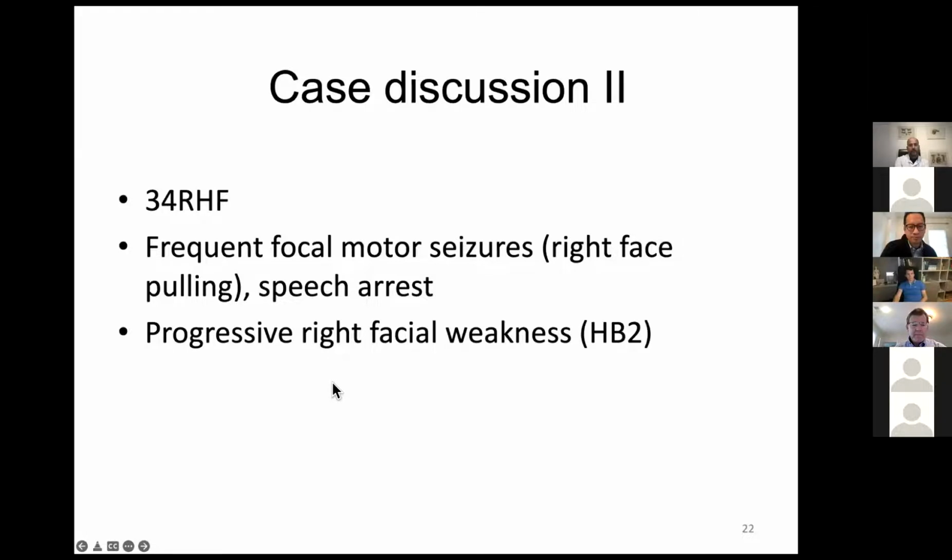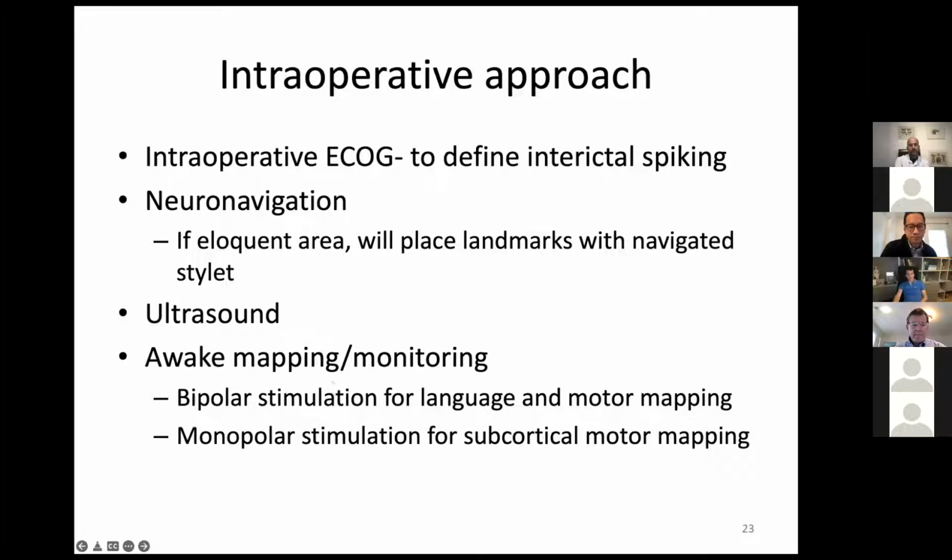And I want to just describe the approach to tumors in this region. We'll look at the MRI in a second, but first the intraoperative approach that we're using right now. One is intraoperative electrocorticography to find the perilesional interictal spiking. Number 2 is neuronavigation. In this particular case, I use it in these highly, highly eloquent areas to place intraoperative landmarks with a navigated stylet.